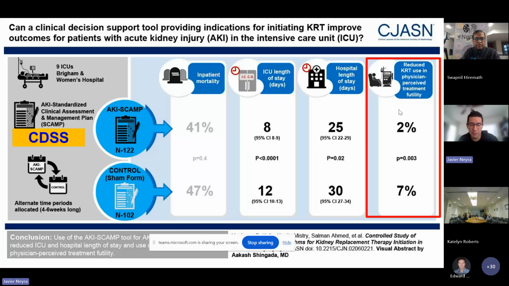You can argue how many of those maybe we should not have even offered RRT because of the poor prognosis. So this study showed that interventions around helping your decision capacity can mitigate the futility of providing the treatment.